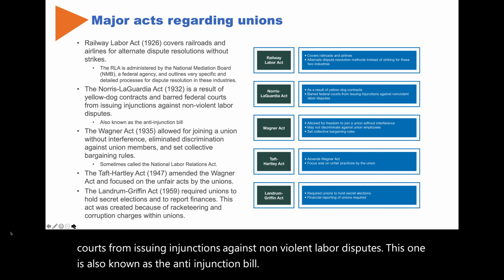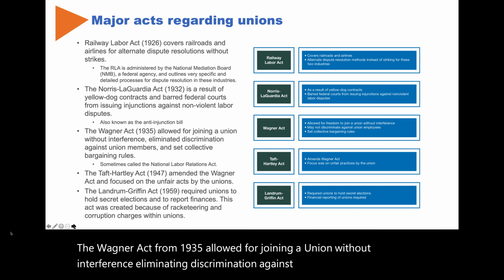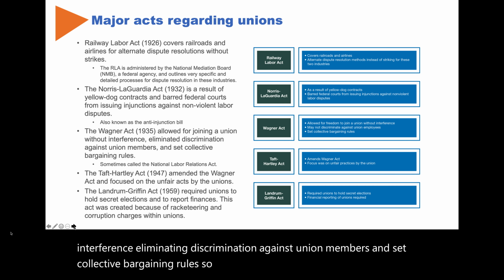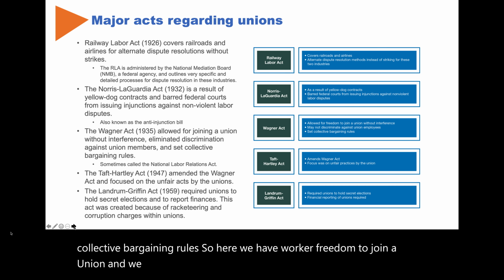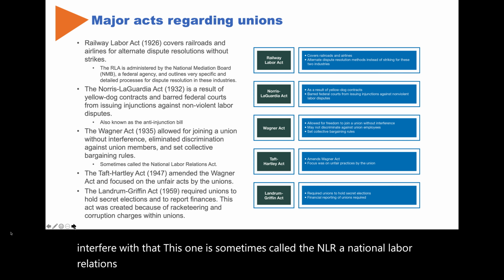The Wagner Act from 1935 allowed for joining a union without interference, eliminating discrimination against union members, and set collective bargaining rules. So here we have worker freedom to join a union, and we have that right if we want to, and the organization cannot interfere with that. This one is sometimes called the NLRA, National Labor Relations Act, very important.